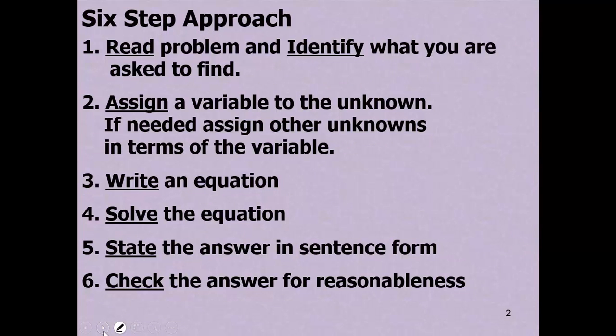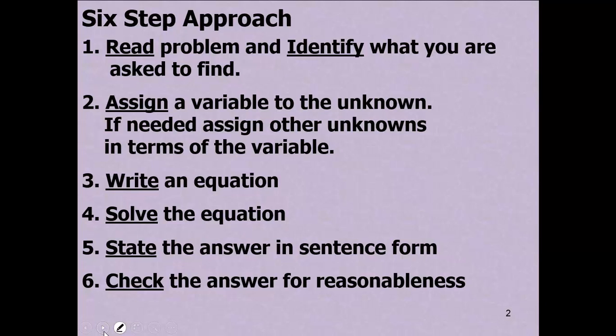Today, we're going to follow the same 6 steps in all of our problems. I put them like this just so that you start developing a way to think logically through a problem. First we're going to read the problem, and then identify what we're asked to find. What am I looking for? That's that question.